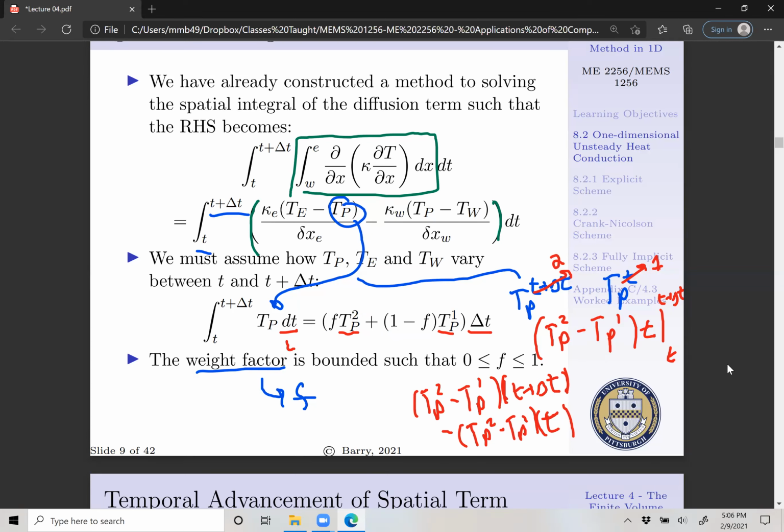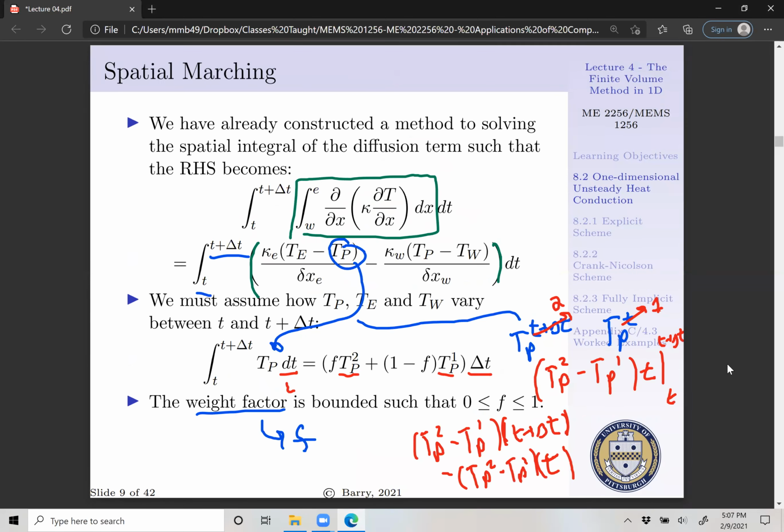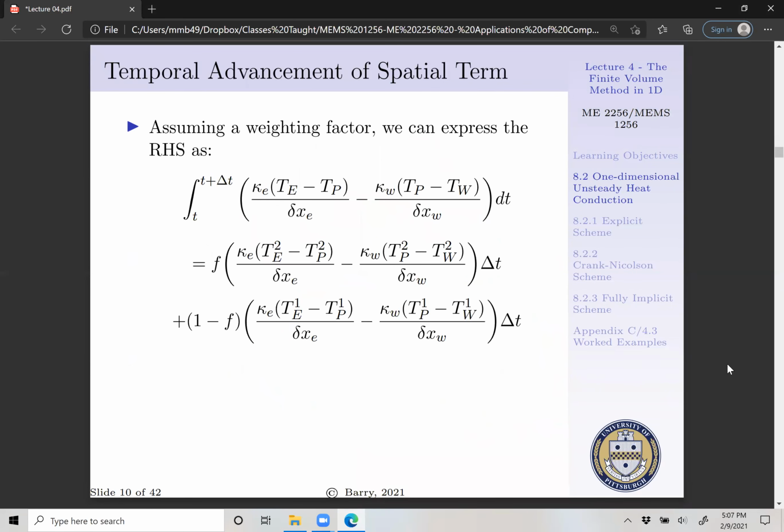Now we got this cool little weighting factor. What we have to do is work on our right-hand side, right? So the integral between t and t plus delta t with respect to dt of our spatial term, we can break this out rather nicely.